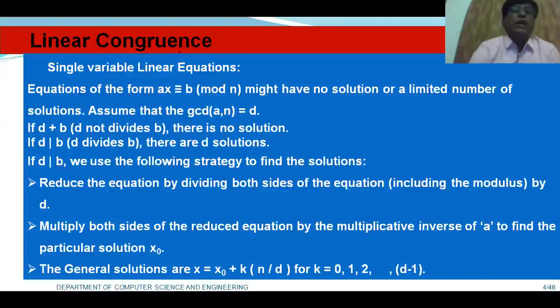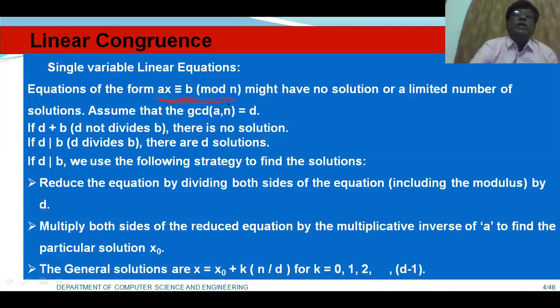If we have an equation like this, AX is congruent to B modulo n, where A is some variable times X. This equation may have a solution or may not. If it has a solution, it may contain more than one solution. Sometimes an equation doesn't contain any solution.